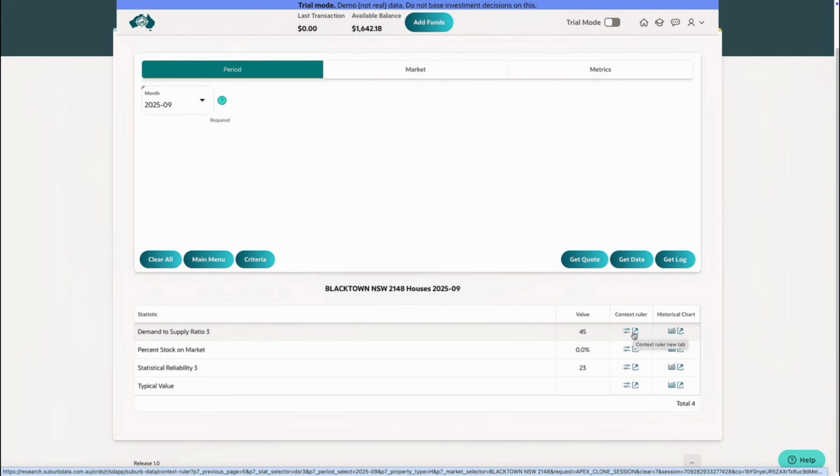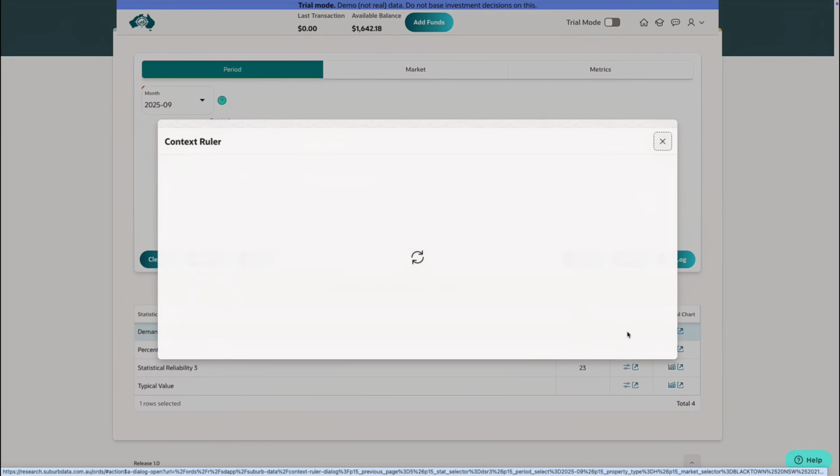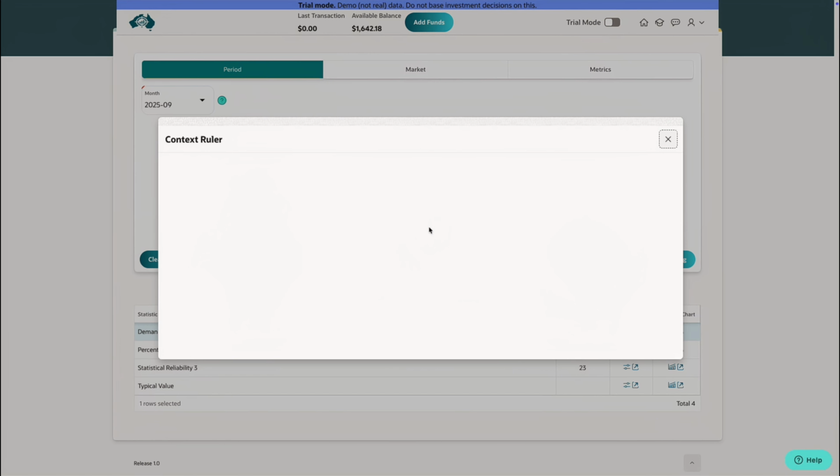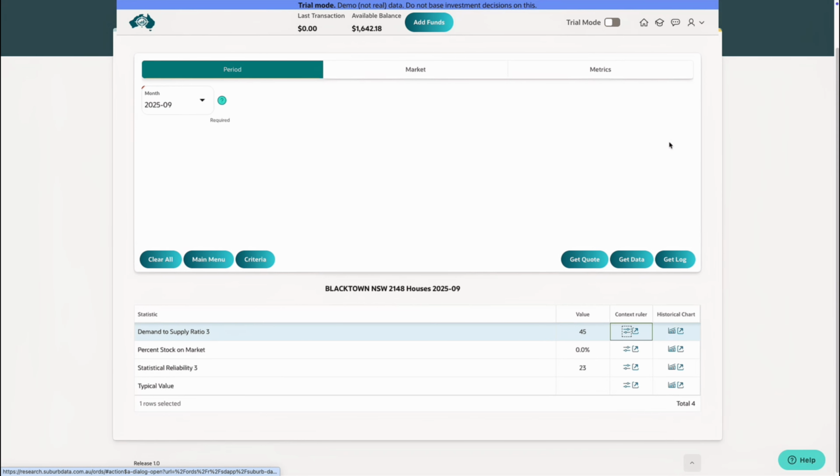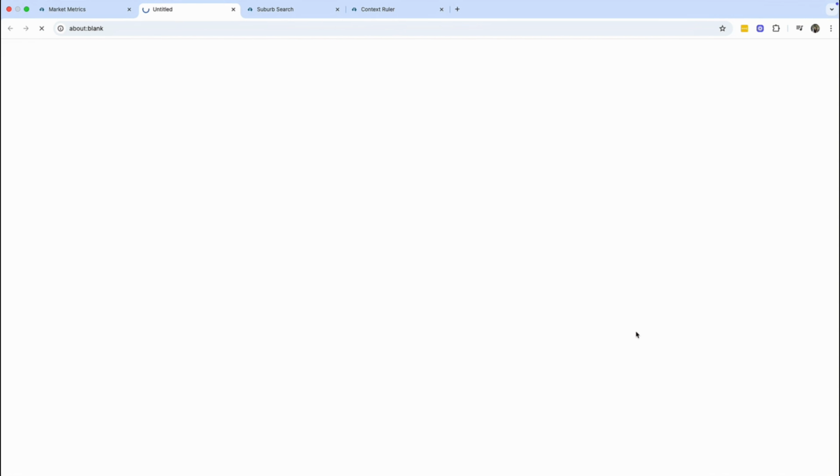The link on the left will show a context ruler in a pop-up over the current page. Note that if you are in live mode, your account will be debited with the cost of the context ruler. Alternatively, you can click on the link on the right. This will open a new tab in your browser.